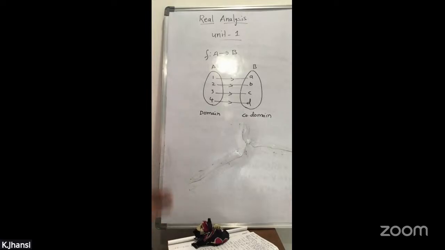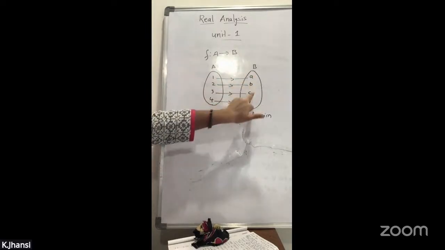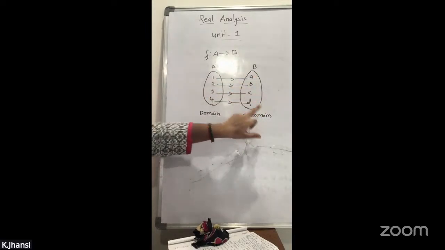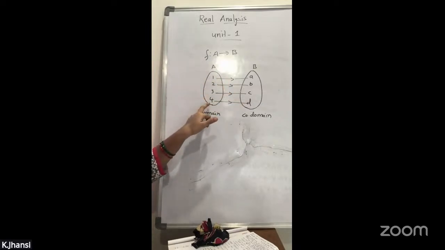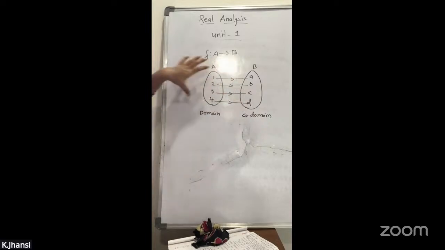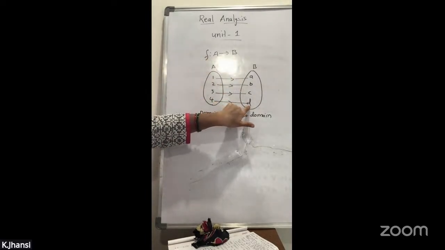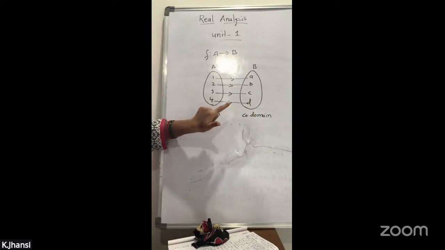So when we call f a function, it means each and every element of the domain should have some image in set B. Compulsorily, whatever elements are present in A should have images in set B. If you have one more element here which is not having an image here, it is not called a function.